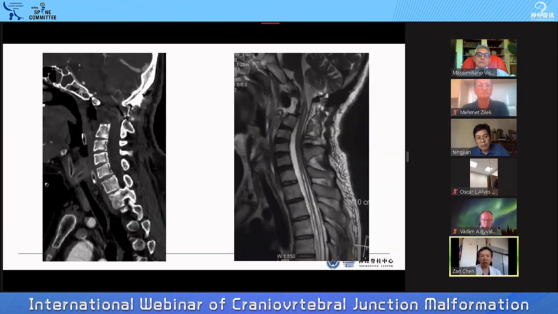So in this kind of case, I use an anterior approach. I remove the odontoid and perform partial C2 resection, and with the posterior approach, I perform internal fixation and fusion.